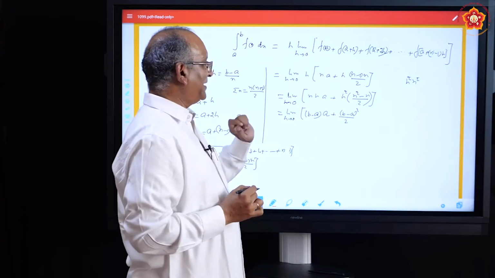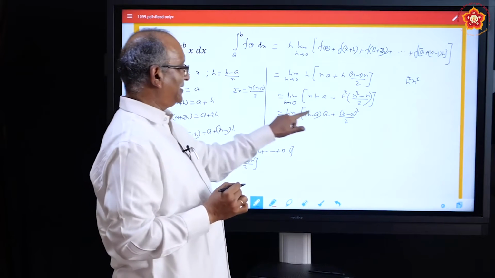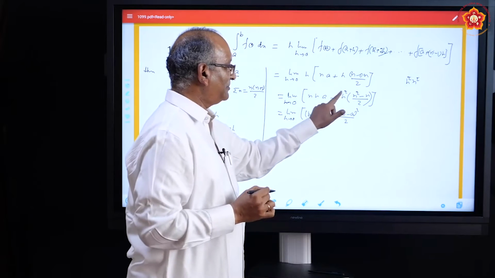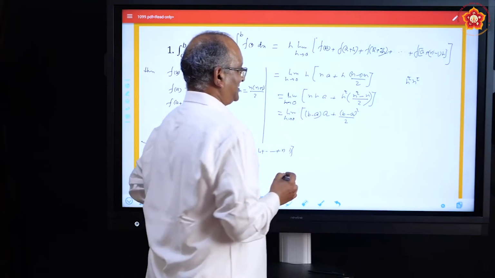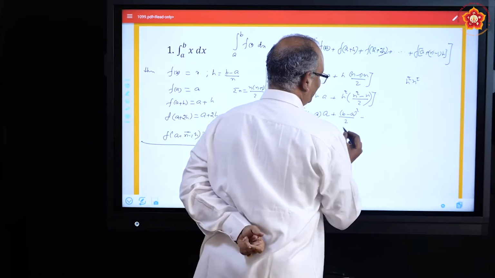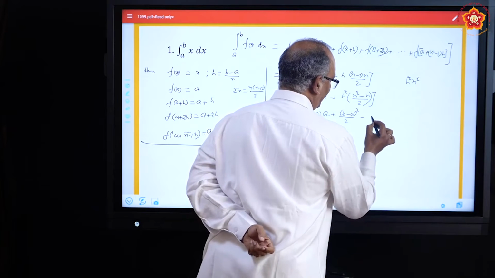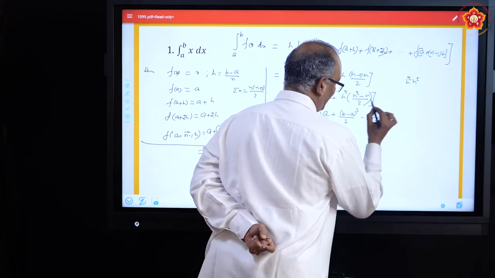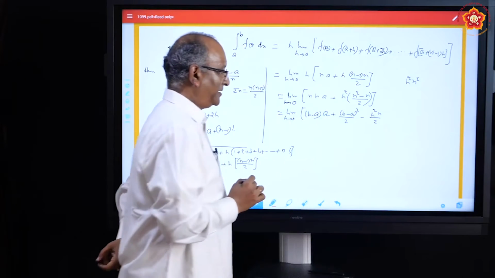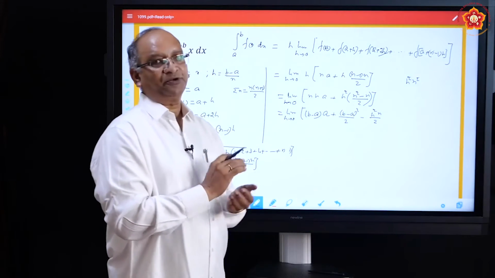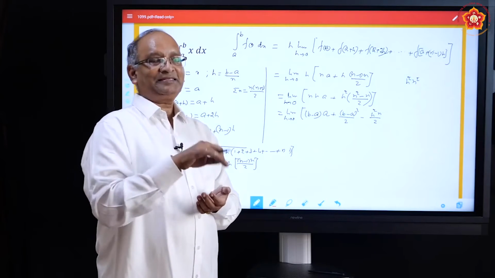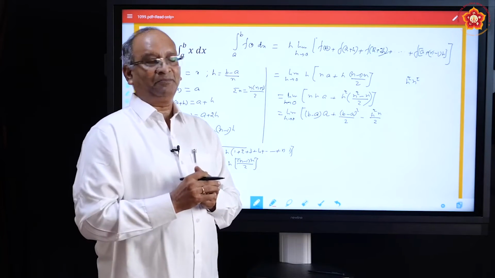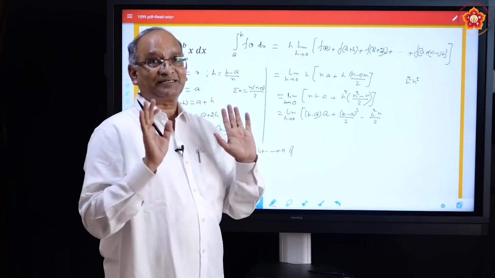Because n into h is b minus a, n square h square will be this. Now multiply h square with the other term, so you will have minus h square n by 2. In this h square n by 2, one nh can be substituted as b minus a, but you will be left with one h still.